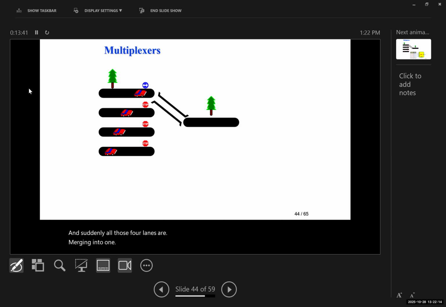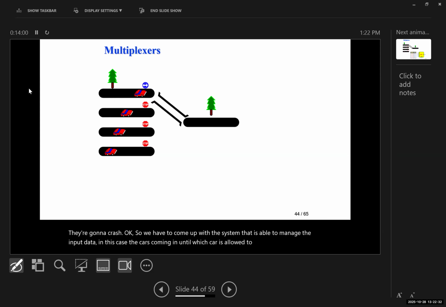What happens if all of them merge at the same time? They're going to crash, okay? So we have to come up with a system that is able to manage the input data, in this case, the cars coming in, and tell which car is allowed to pass.